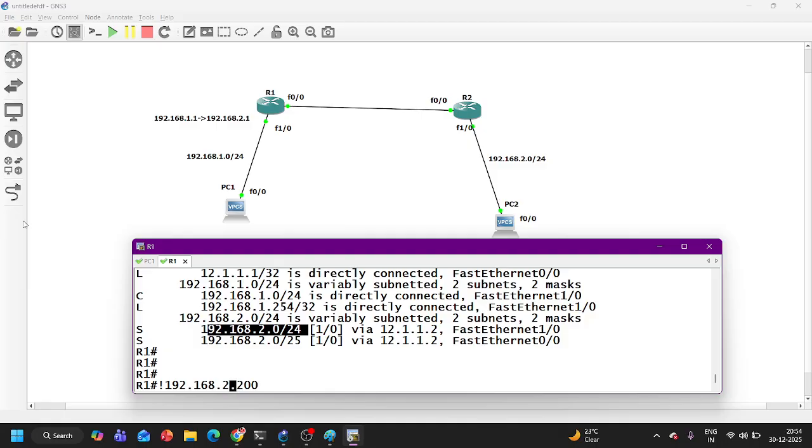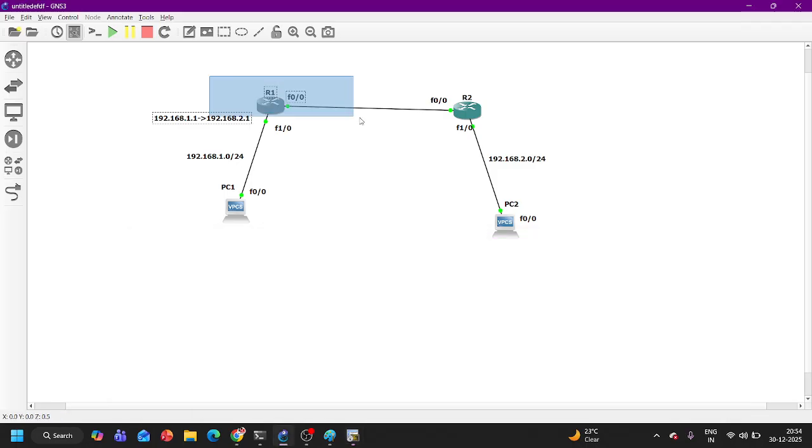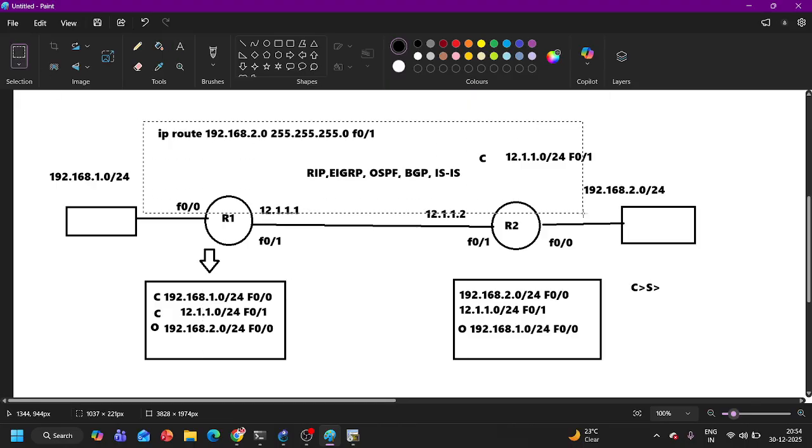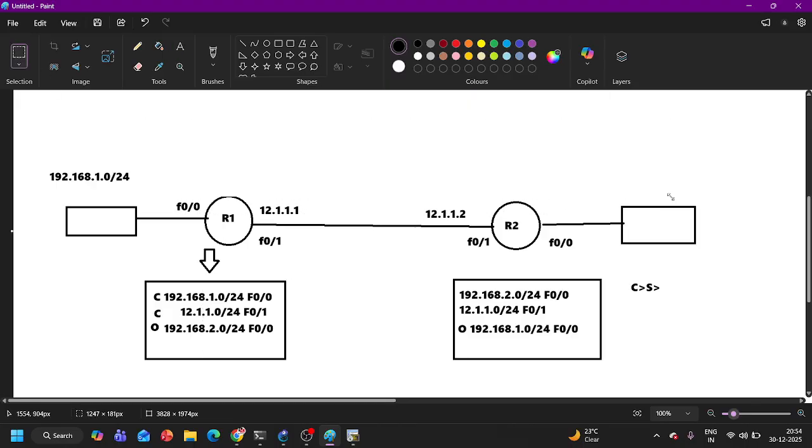In static routing, you know how to configure routing between two routers, but here you know the issue: there is no backup. If any link or router goes down, connectivity goes down. So I will design the network like this, even if I have two sides. Let me erase all this, and I'm going to make a little correction to how I will connect it.